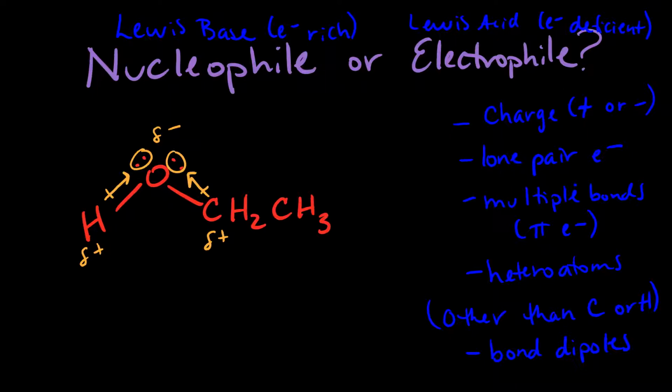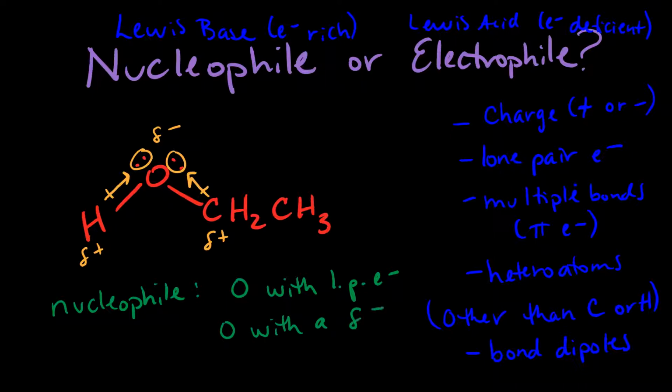And so right now I have evidence that this structure could be a nucleophile. My evidence is that I have an oxygen with lone pair electrons, and I also have an oxygen with a partially negative charge.